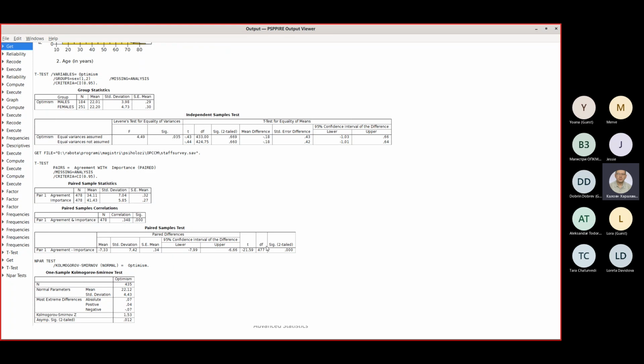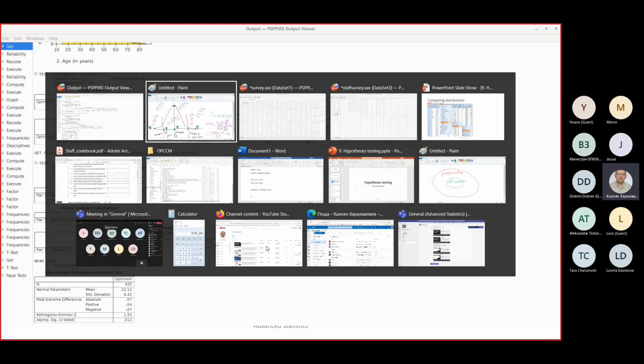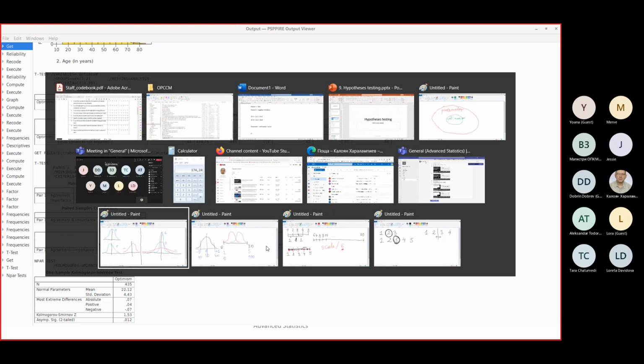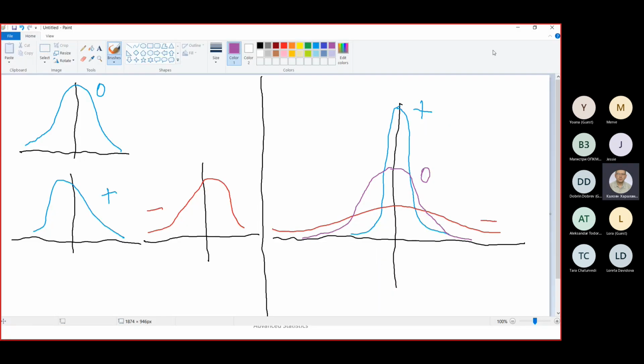And here on the right, we have examples. If our distribution is not normal, it could be sharper or could be flat. Sharp or flat.